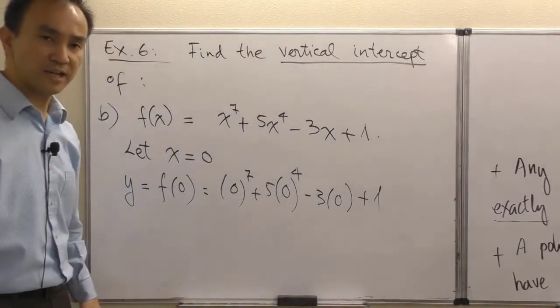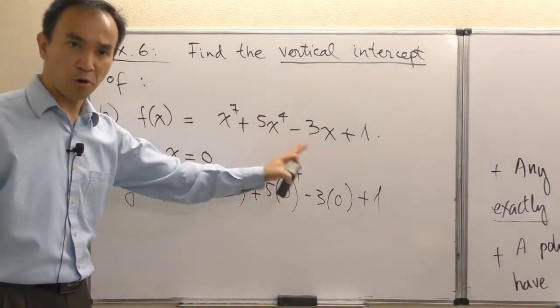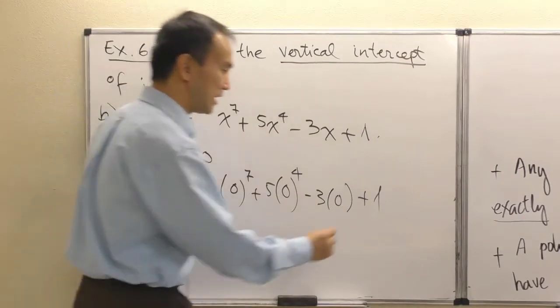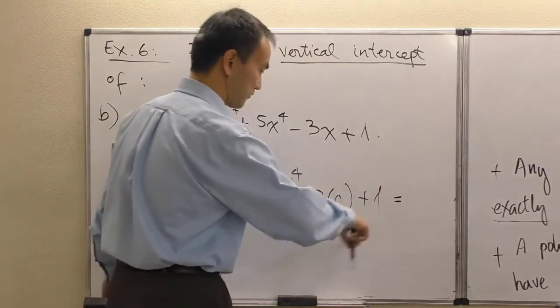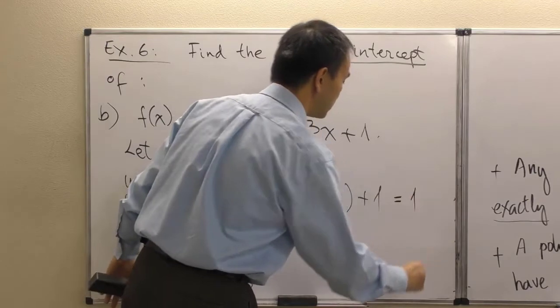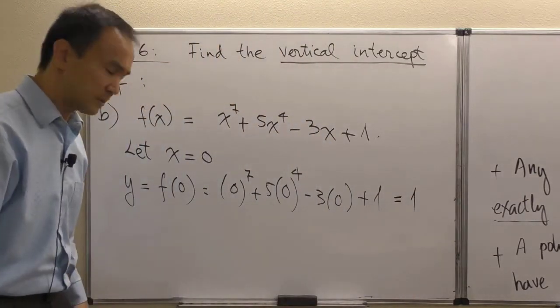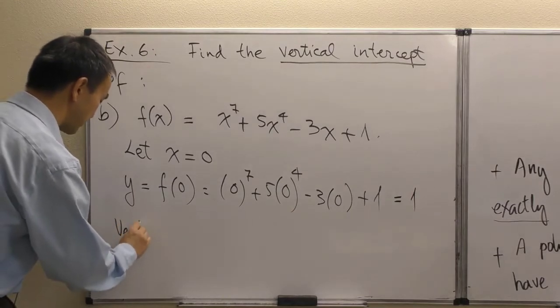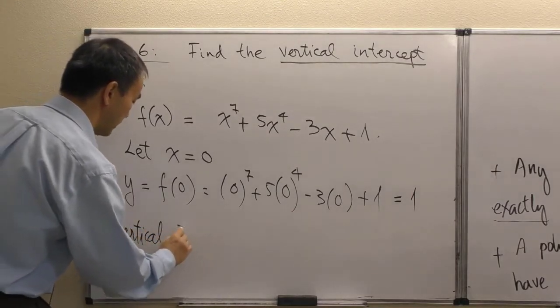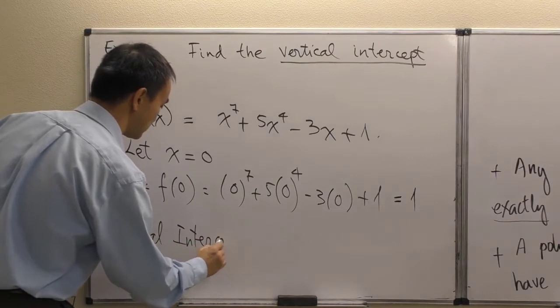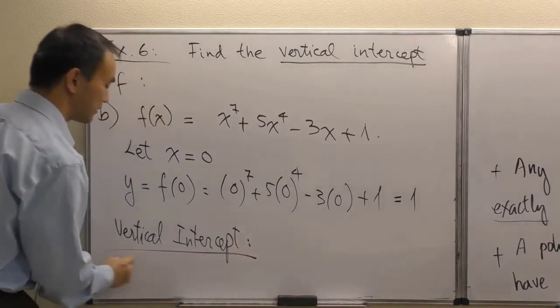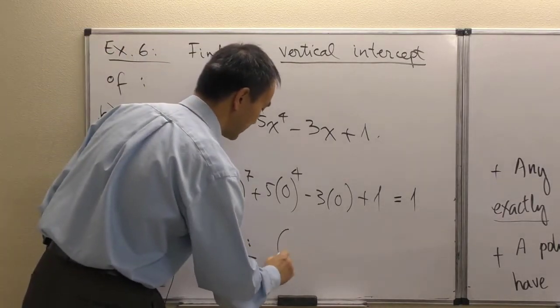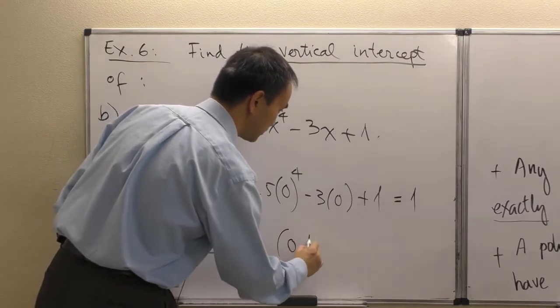Once again, with only simple operations involved, we easily come out with the final answer: the y value being positive 1. So the vertical intercept is at 0 for x, comma 1.